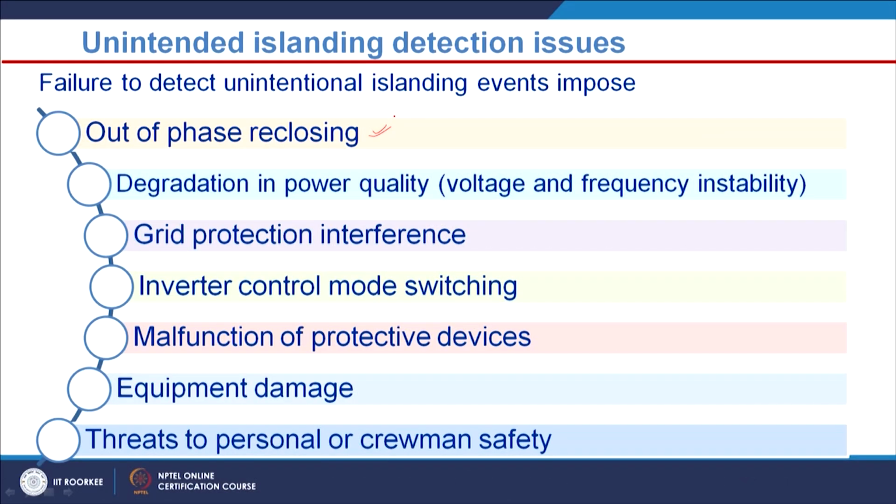The first one is that it will cause out of phase reclosing. We have the main grid, and this main grid has a certain voltage and frequency, and similarly we have the microgrid system where we have synchronous based DGs, solar based DGs, and also wind based DGs, and that particular microgrid system has a certain frequency.